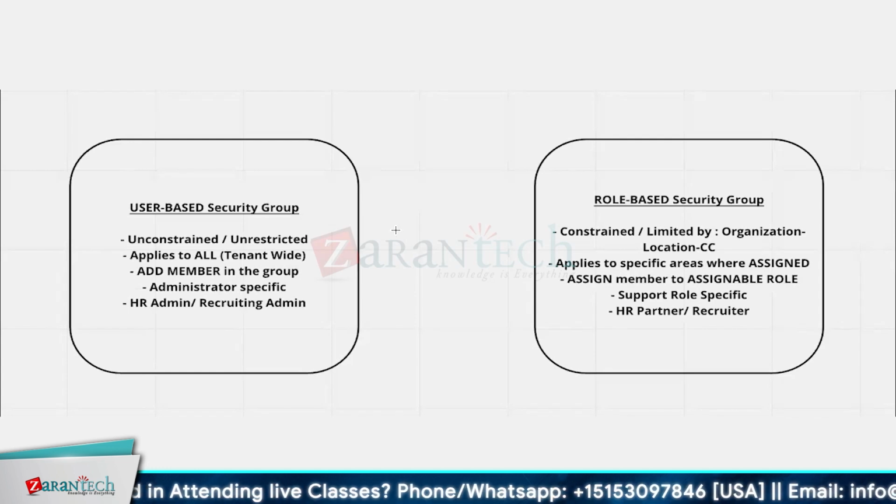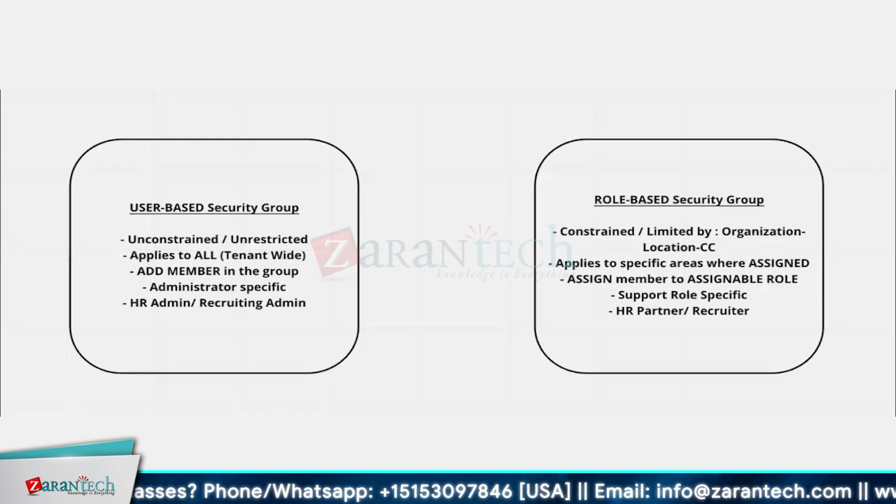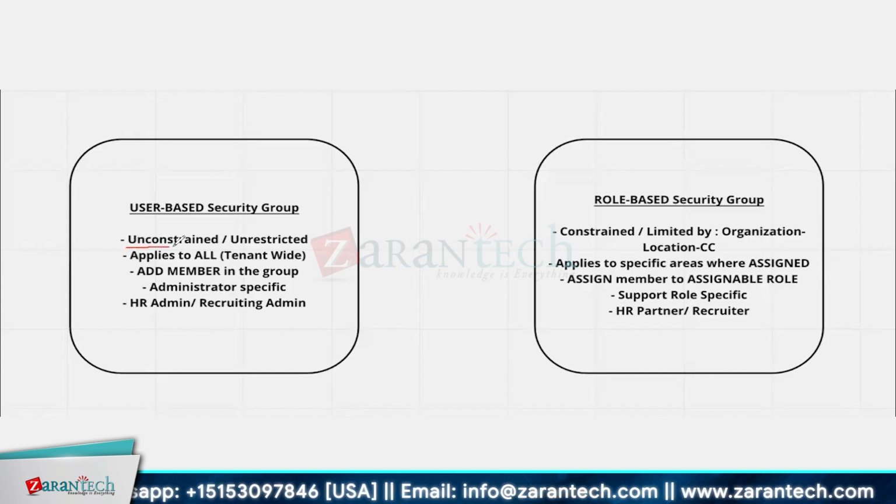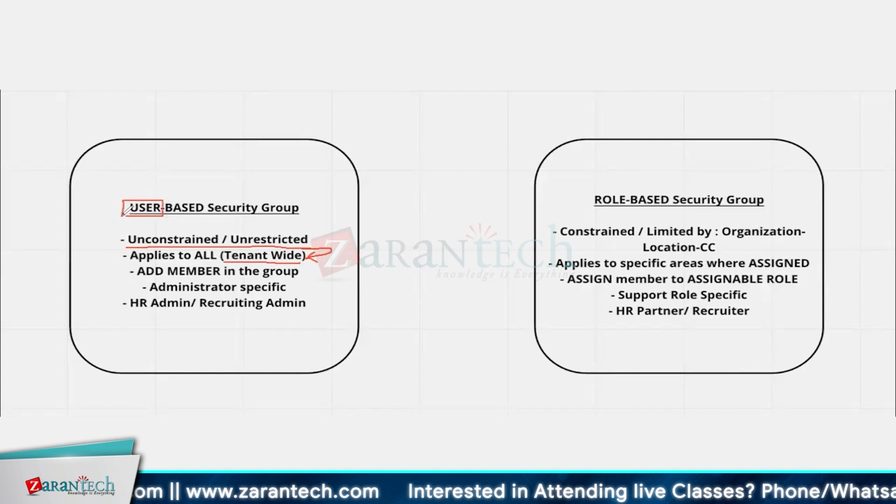So with that, let's go through the bullet points that we have. The first one being it is unconstrained, unrestricted, which directly tells us that this is a tenant-wide setup. Tenant-wide means it's unconstrained, which means that anyone who is a member of a user-based security group will have tenant-wide access.